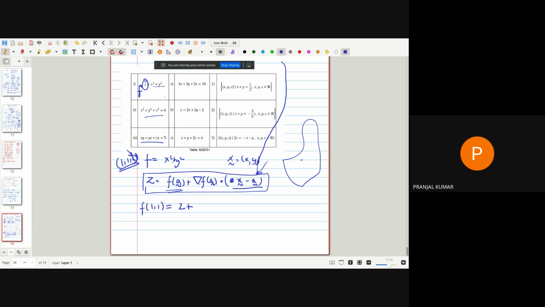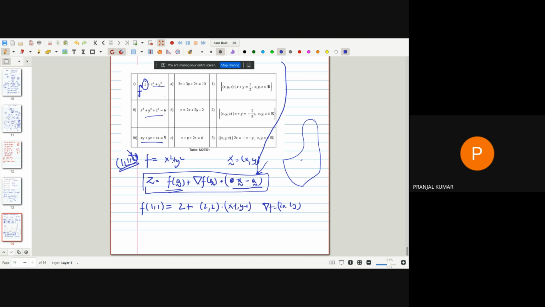So 2 plus delta f. For this, delta f would be (2x, 2y), and at (1, 1) it would be (2, 2). So (2, 2) dot product with x tilde minus a tilde. What is a? It is (1, 1). So (x minus 1, y minus 1).